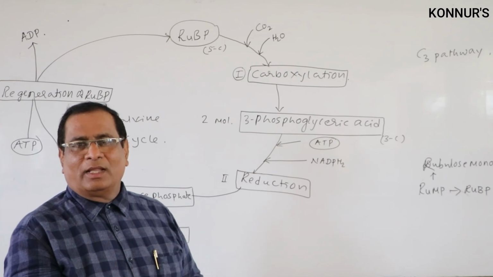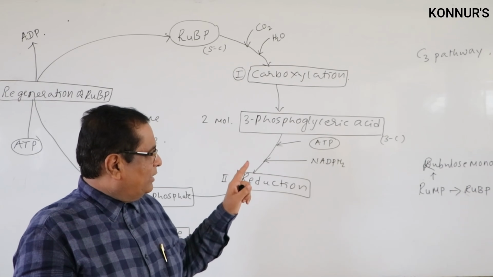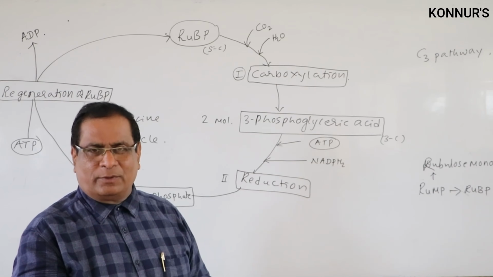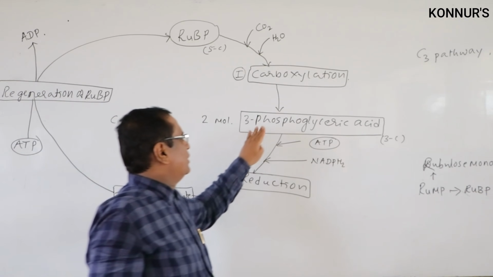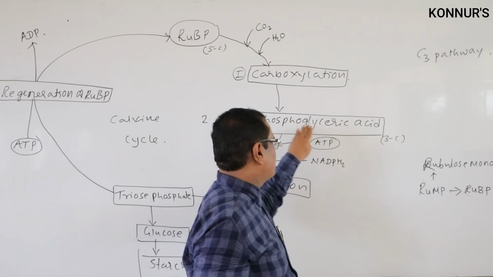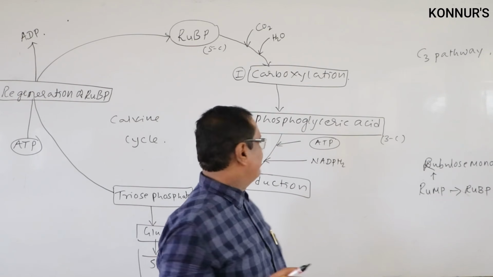RuBP. And the first stable compound formed is 3-phosphoglyceric acid, sometimes called 3-phosphoglycerate. When it is glycerate, it is glyceric acid.